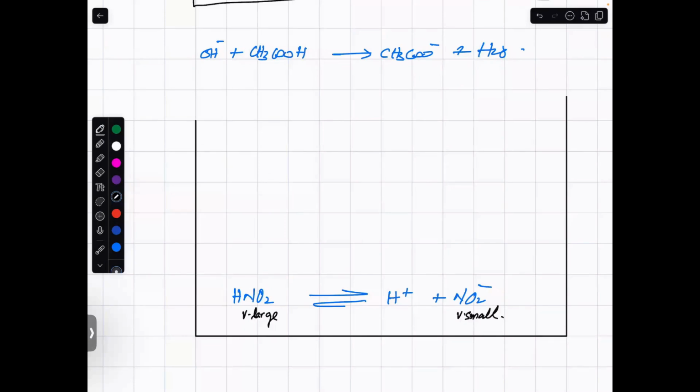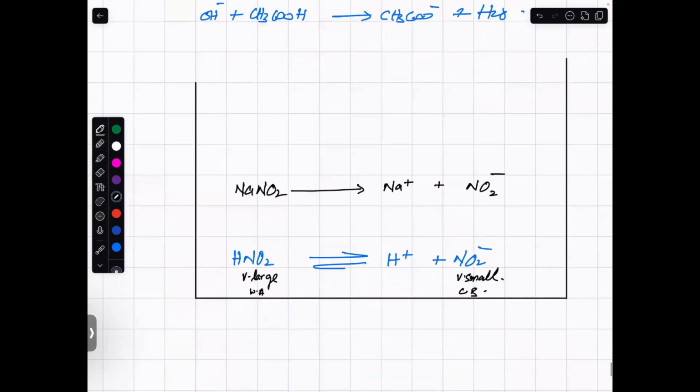Now, when you add NaNO2 to increase the NO2 negative, nitrite ion, the conjugate base. This is weak acid. This is its conjugate base. To increase the conjugate base, I'm adding salt. When I add the salt, it dissolves fully. When it dissolves fully, it will increase the concentration of the nitrite.